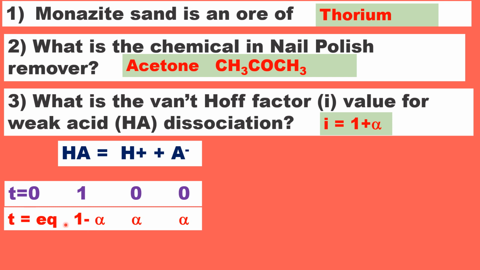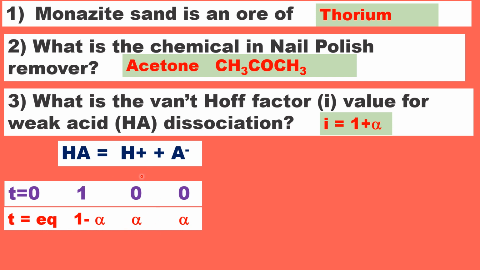After a certain time at equilibrium, a fraction of the weak acid dissociated, that is alpha. So 1 minus alpha is the remaining concentration at equilibrium.